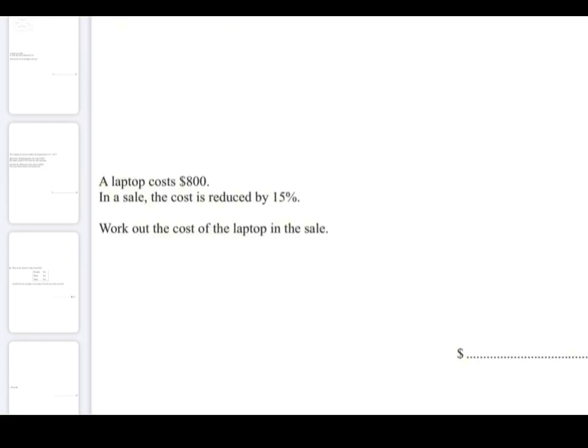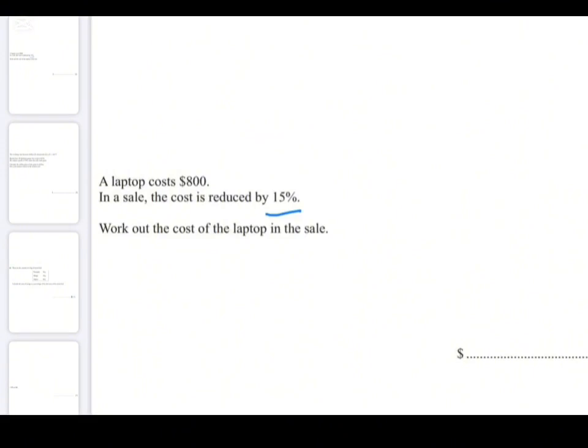So first question, a laptop costs $800. In a sale the cost is reduced by 15%. Work out the cost of the laptop in the sale. So as you see, the cost has been reduced by 15%. As I told you, when increasing and decreasing percentage questions come, the concept is very simple.